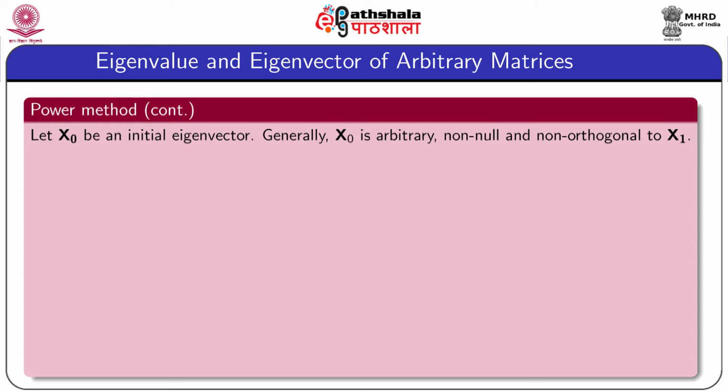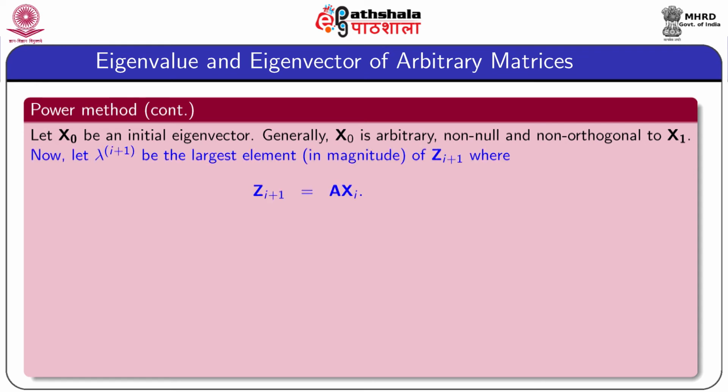Let x0 be an initial eigenvector. It may be any arbitrary vector, it may be a unit vector or any other kind of vector. Generally, x0 is arbitrary, non-null and non-orthogonal to the eigenvector x1. Let lambda power i plus 1 be the largest element in magnitude of z i plus 1, where z i plus 1 is an intermediate vector which is equal to A into xi.